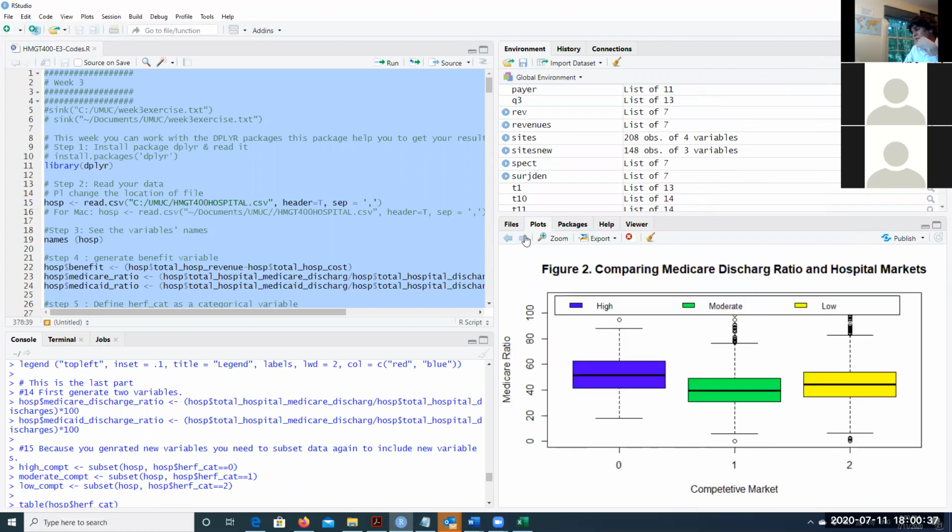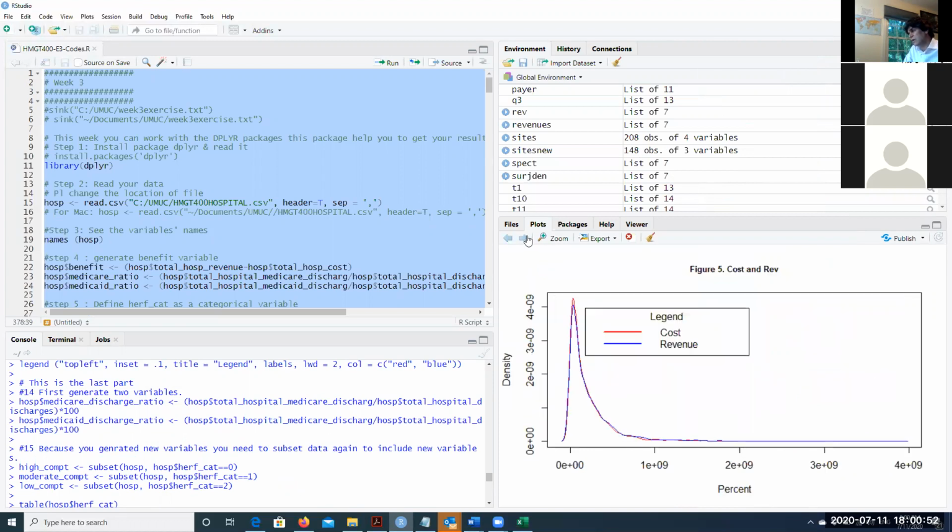The box plot, you can compare between high, moderate, and low. Based on this, you can see the high group is more likely to have a higher Medicaid ratio. And this is for exercise 3. And the density plot shows that the cost and revenue always follow each other most of the time. And you see the blue line is over the cost.